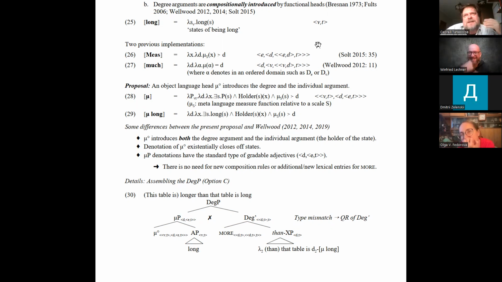When we talk about ordinary individuals, we know that they have spatial dimensions. For example, they are manifested in space, and as such, they can be measured along different dimensions. But that less obviously, I believe, extends to eventualities and, in particular, to states.